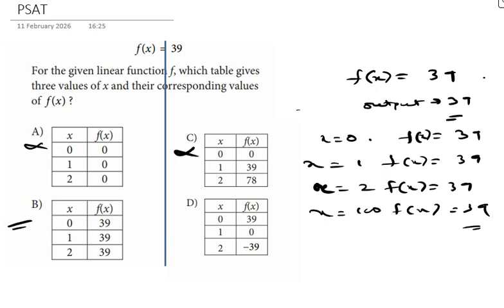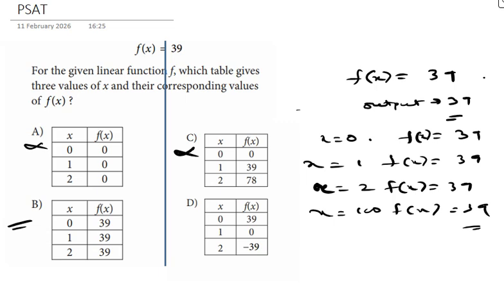Now come to option D. The table shows if x is equal to 0, then f(x) is equal to 39. If x is equal to 1, f(x) is equal to 0. If x is equal to 2, f(x) is minus 39. So here the function is decreasing by 39 each time.